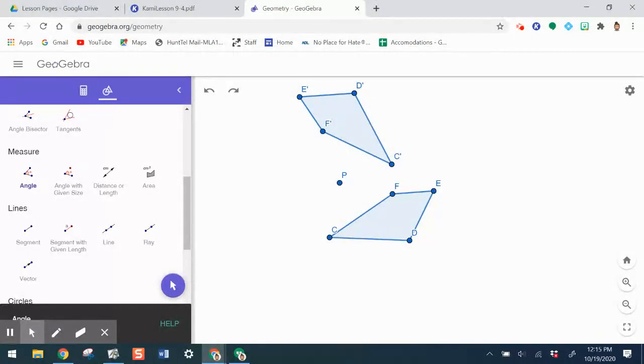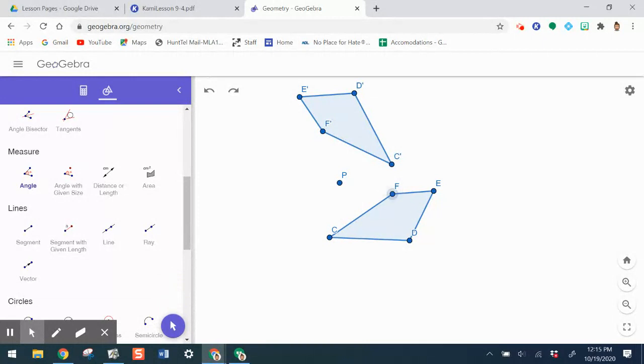So to measure an angle, we'll do F, P, and F prime. And if you notice, it's a little bit hard to see here, but behind that P is a 120. So an angle formed by a point, the center of rotation, and its image is actually the same degree of rotation that we perform the rotation with, or the angle of rotation.